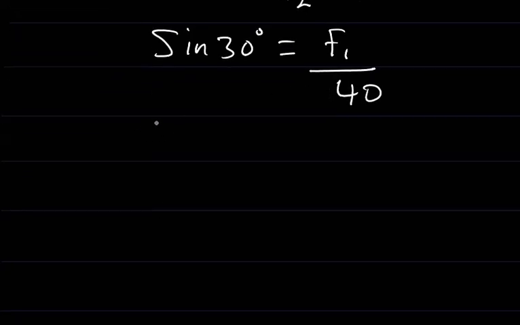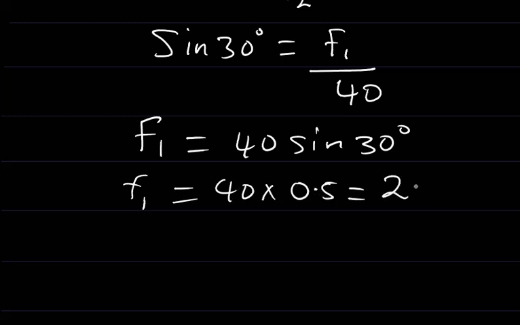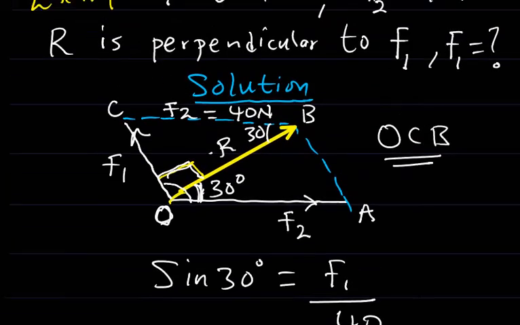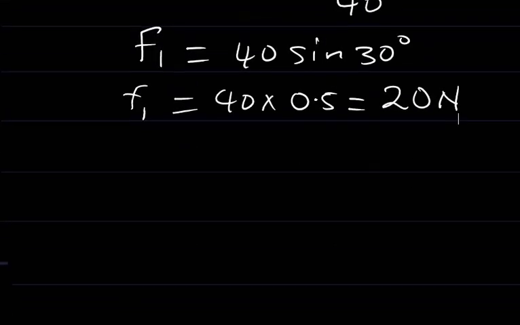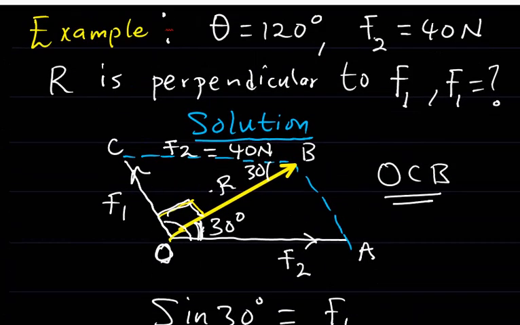If we cross multiply, F1 is equal to 40 sine 30 degrees. Sine 30 is 0.5, so F1 is 20 Newton, please pardon me. I hope that is well understood. F1 is 20 Newton.